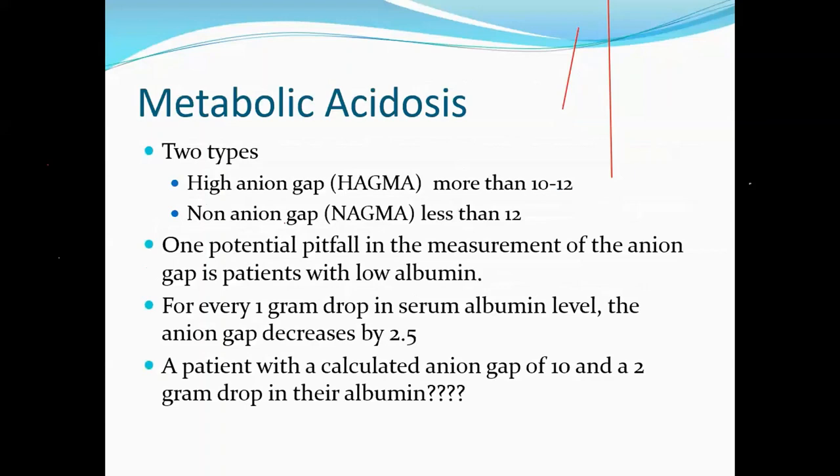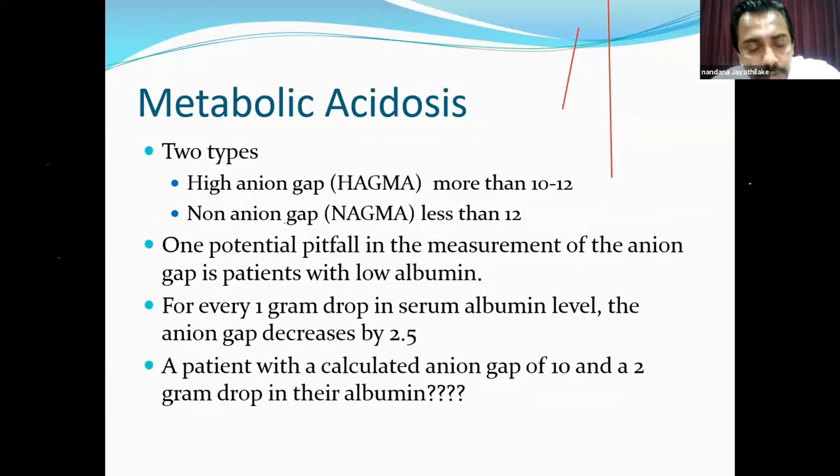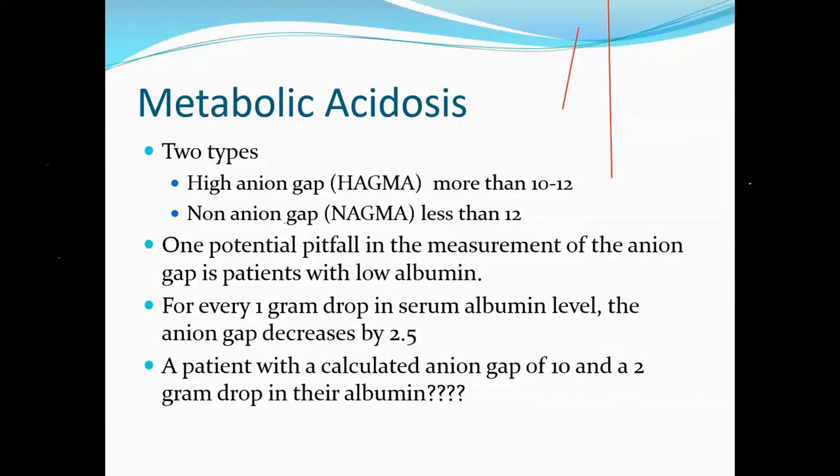When you talk about metabolic acidosis, there are two types: high anion gap metabolic acidosis, which is more than 10 to 12, and non-anion gap metabolic acidosis, which is less than 12 or less than 10.